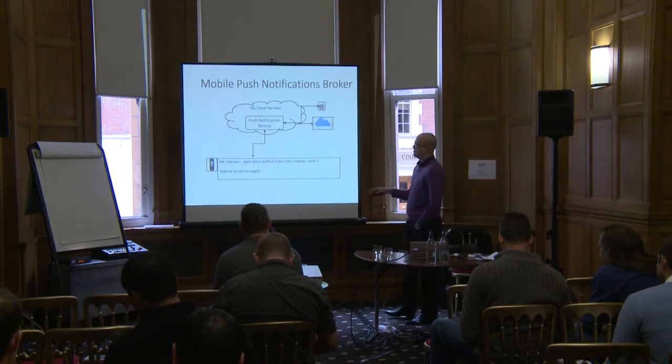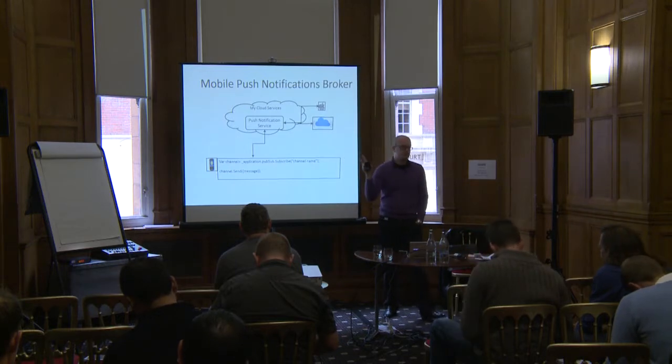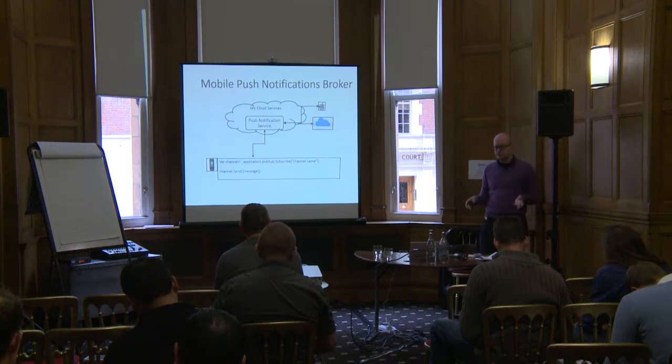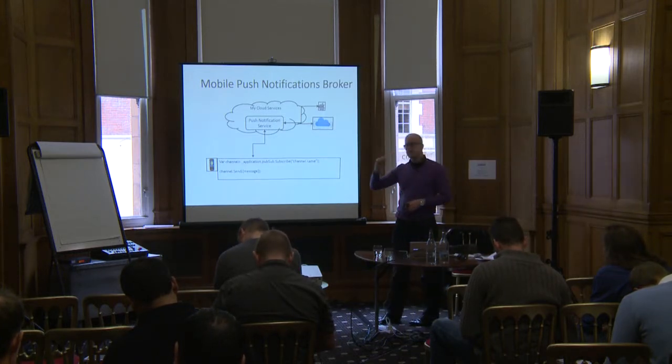But essentially as a mobile developer, I can say, I'm going to subscribe to a channel, and when somebody publishes to that channel, I get a push notification, or you can publish to a channel, and that's super simple. You can use a mobile enterprise middleware.